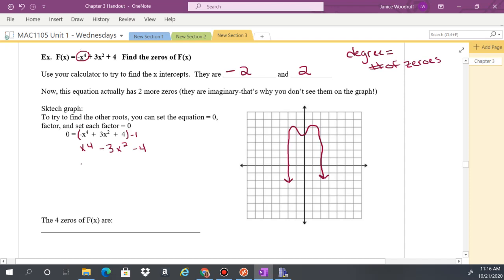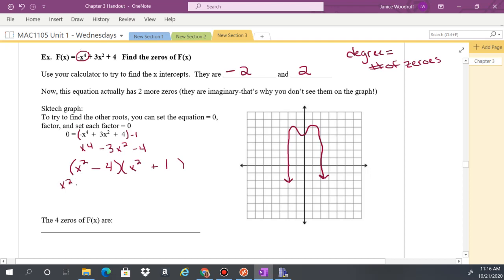And then I'm going to factor that. When I factor it, I'm splitting the middle term as x^2 and x^2. So then I ask what multiplies to -4 and adds to -3. It should be a negative and a positive: -4 and +1. -4 plus 1 is -3, and -4 times 1 is -4.